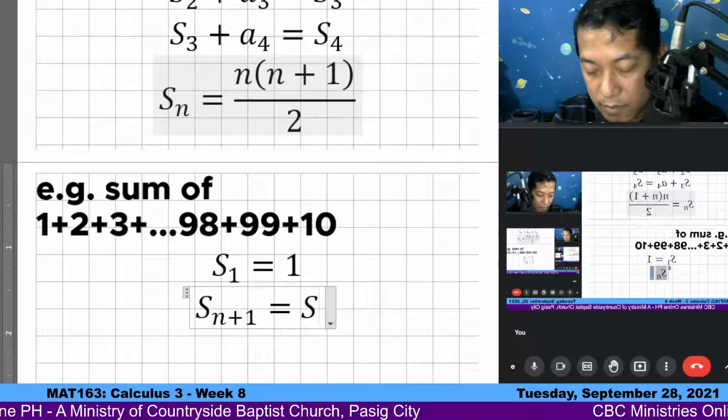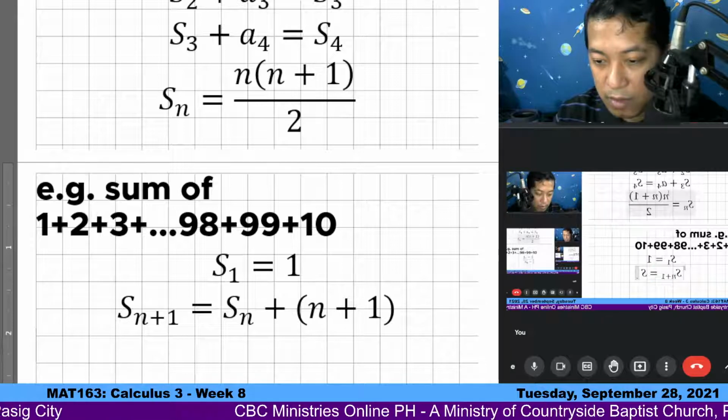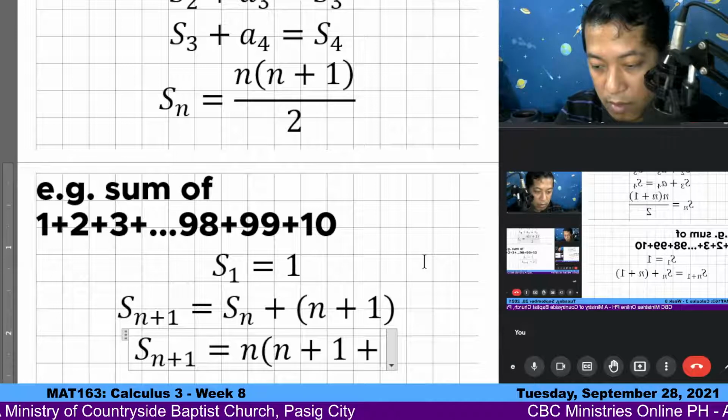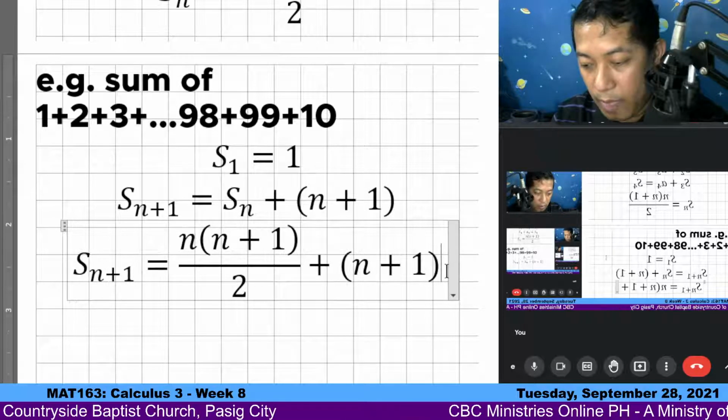So for here, we could plug in the definition. So we could plug in here the definition, plus n plus 1. From here, pwede natin siyang gawing one fraction.